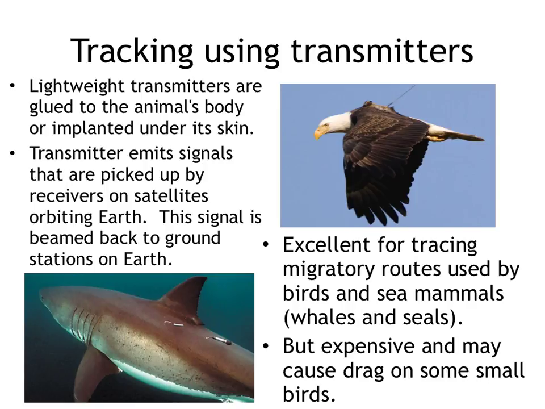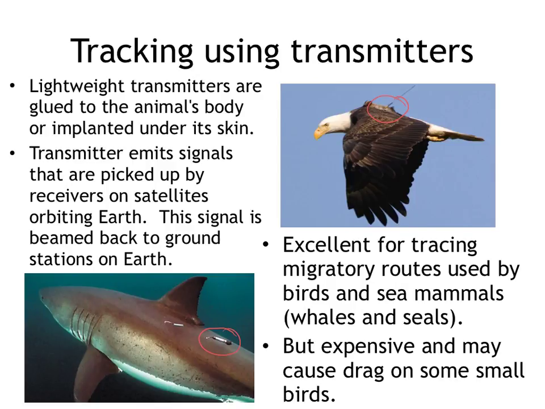A more complex way is to use some sort of transmitter, where the transmitter is glued to the animal's body. An example you've got here is a transmitter there, and here's a wee transmitter tag fitted onto this shark.